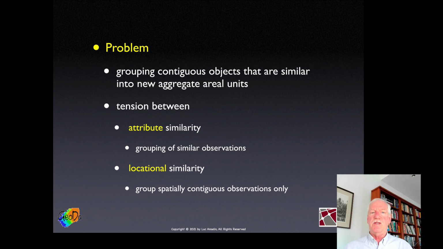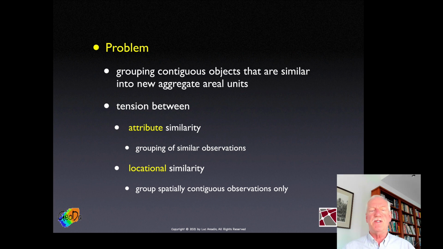And that is the same tension that we've talked about many times before in the context of spatial autocorrelation, namely the tension between attribute similarity, so the grouping of similar observations based on their variables, and locational similarity, namely a grouping of only observations that are spatially contiguous, that are bordering each other.